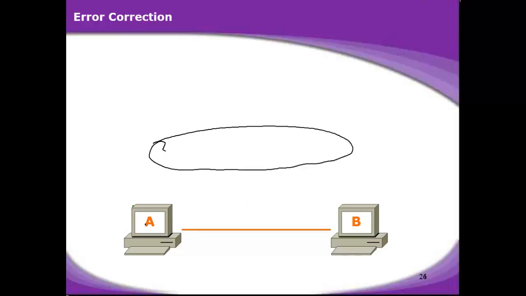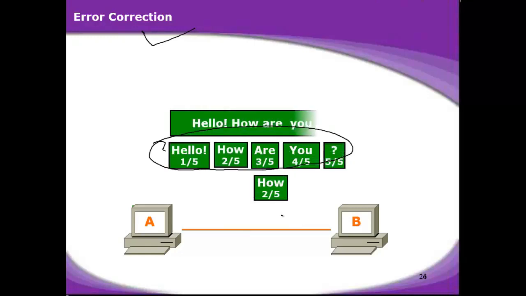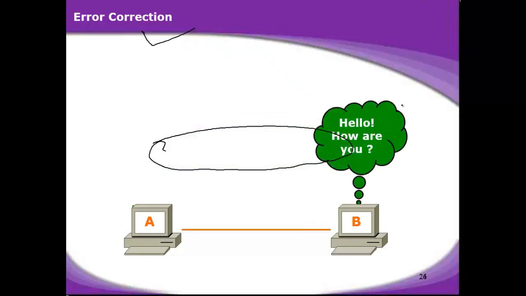Then computer A is going to send back the lost segment, and this retransmission is called error correction. So by using the acknowledgement numbers, it is going to request that I did not receive a particular segment due to loss in the transmission, please resend it. And this is how sender A is going to retransmit the data. So this 2 by 5 which was lost is retransmitted now, and this is how the actual data is received by the destination.